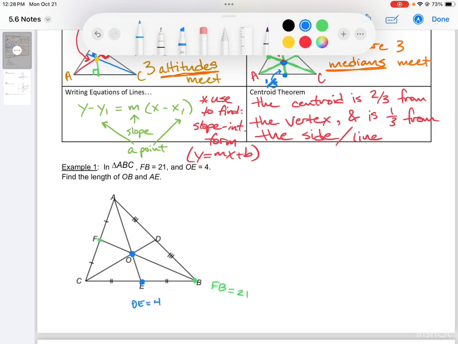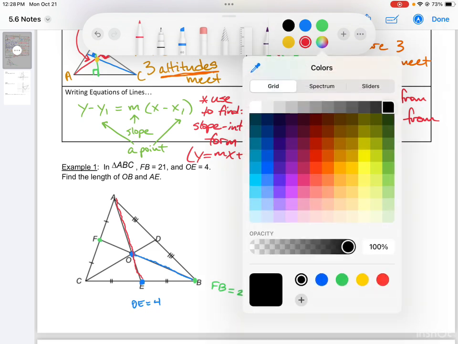And it wants me to find the length of OB, so O to B, along that line right there, and A to E. A to E is this entire line across here. And so the first thing you have to do is identify what all these lines are and what the significance of them is.